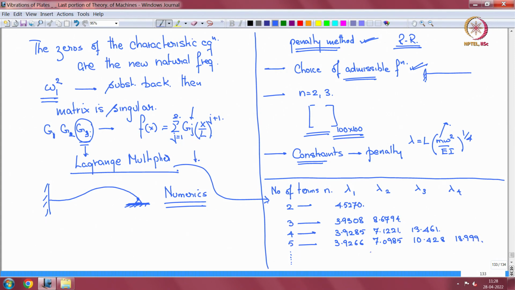And if you proceed, you will start converging on the other value, 7.0686. So this has converged. Then 10.210 and 13.352. So you can try this out and see if you get these values, and this is the form of the function.